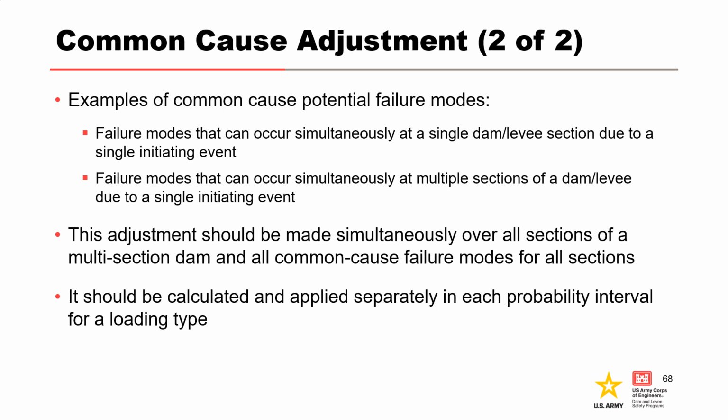In these instances, the total probability of failure is some combination of the probabilities of failure that are associated with each of the possible modes. This adjustment should be made simultaneously over all sections of a multi-section dam in all common cause failure modes for all sections. It should be calculated and applied separately in each probability interval for a loading type.